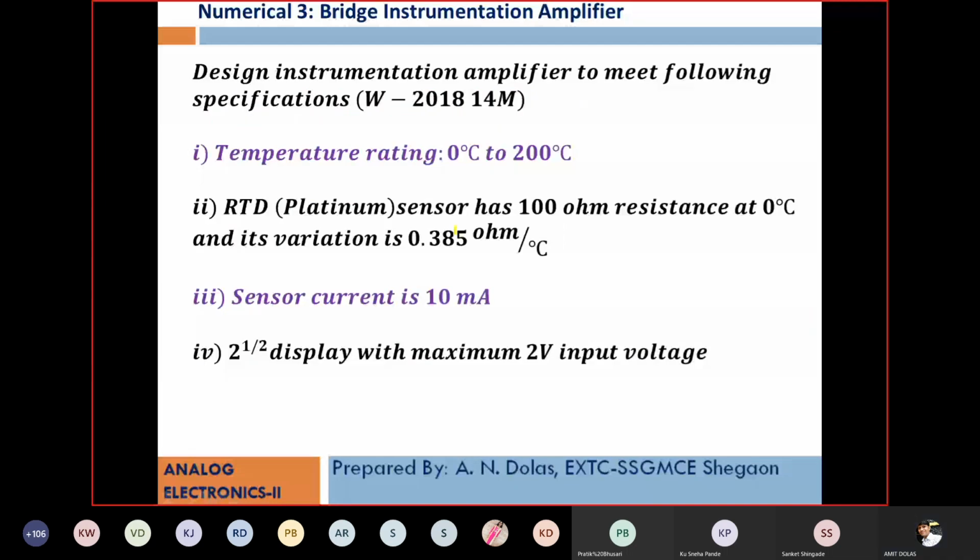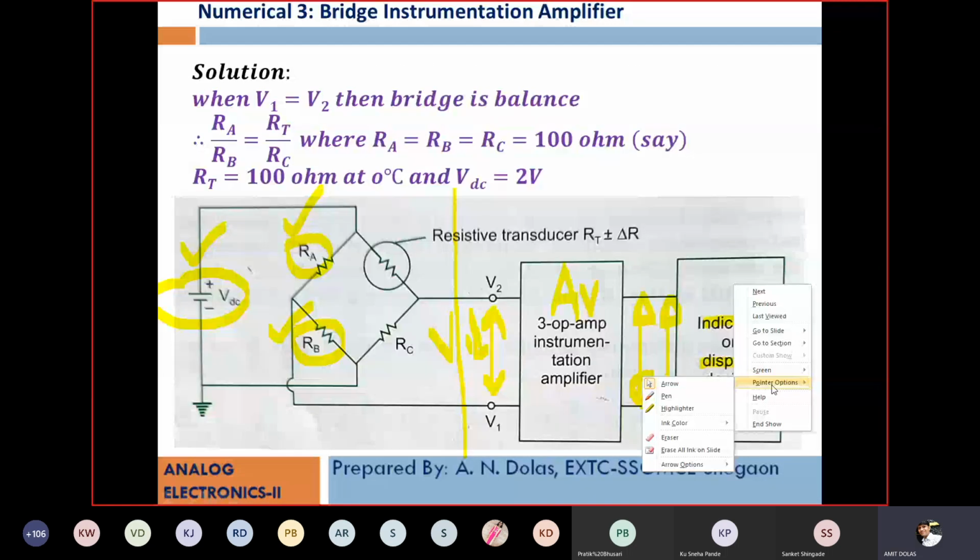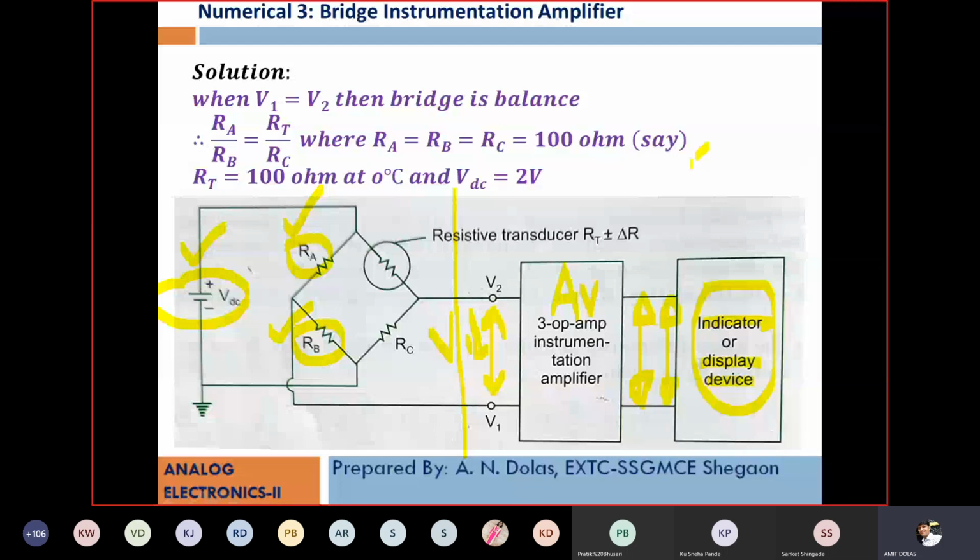Here, your display, this indicator, can handle a maximum of 2 volt input voltage, which means the maximum output voltage of the amplifier will of course be 2 volt. So to calculate gain, you may use the maximum output of the instrumentation amplifier. Of course, it will be the maximum input to the indicator divided by the differential input VID, V1 minus V2.